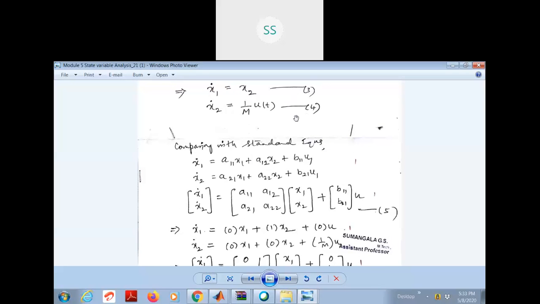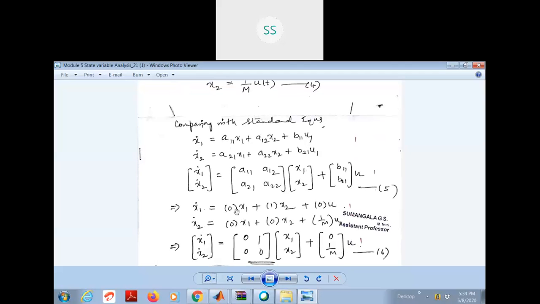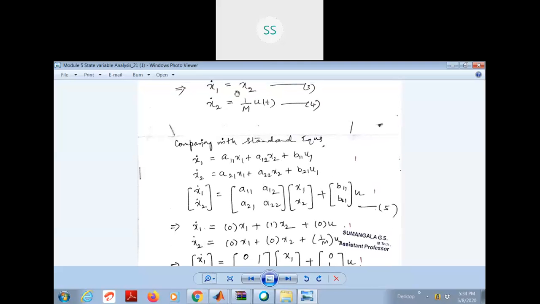Next we bring 3 and 4 into standard form. Wherever a coefficient is not there for a state variable, we take the coefficient value as 0. Suppose there is no x1 in this equation, because its coefficient a11 is 0. That's why 0 into x1 plus 1 into x2, because its coefficient is 1, plus 0 into u. Similarly, equation 4 is also written according to the standard form.